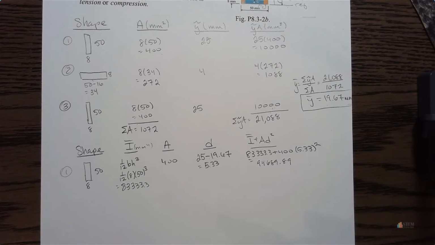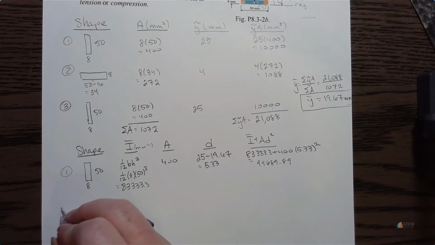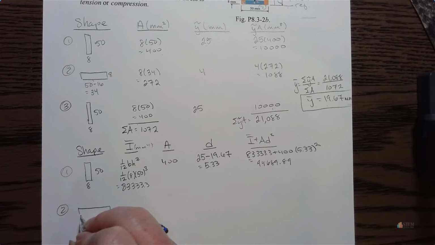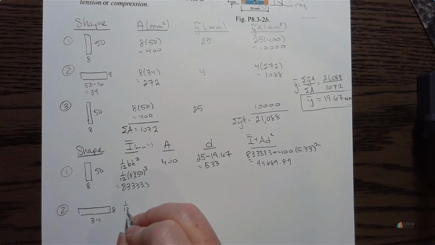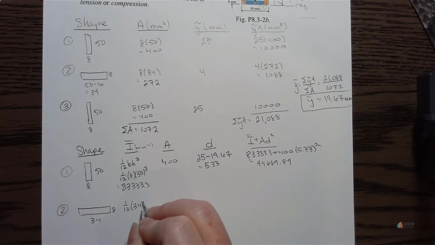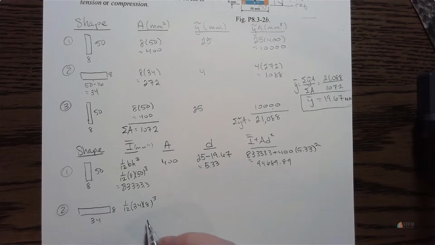Okay, and then we're going to do the same thing for the other two regions. All right, so this is 34, this is 8. So moment of inertia, still 1/12 times the base times the height cubed. All right, and now what are we going to get? Well, this is going to be a smaller number here. This is 1,450.67.